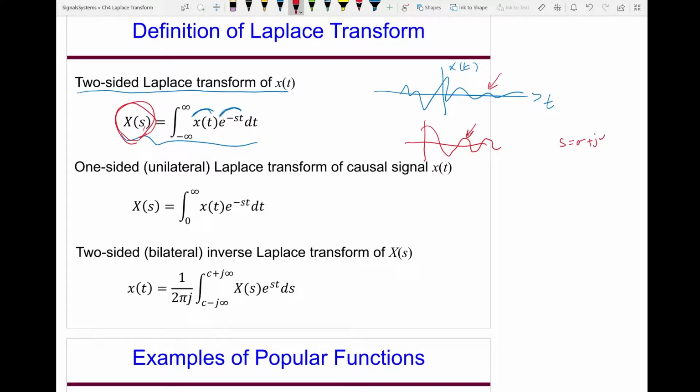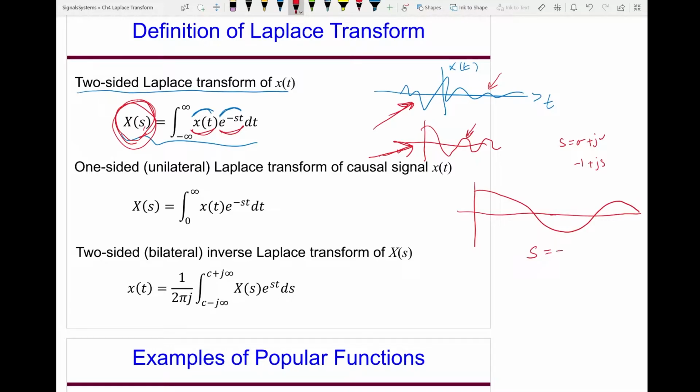S is sigma plus j omega. So maybe I was curious about -1 plus j3, which is this one. So if I multiply x of t by this exponential, I get a value that will be the strength of this signal here. Now I may want to find, how about this? Now here s will be different.